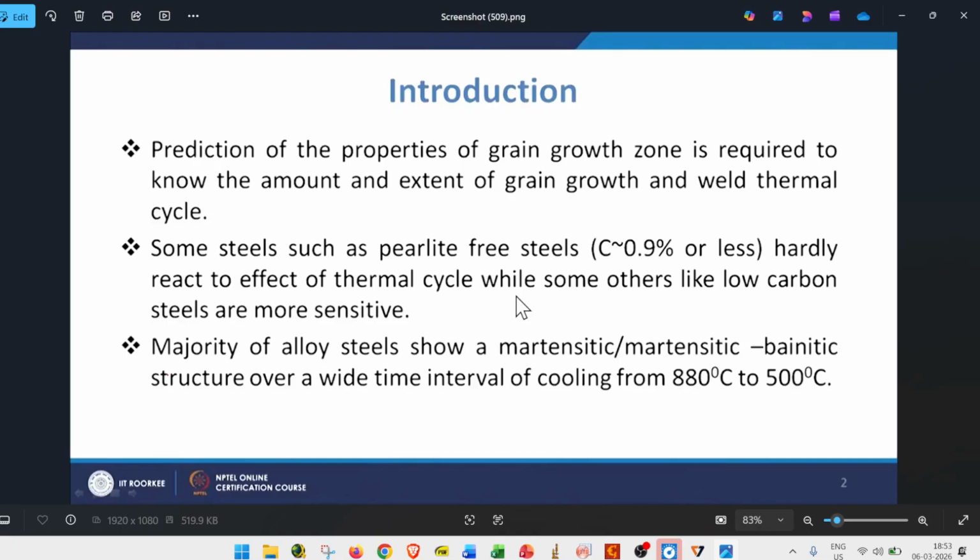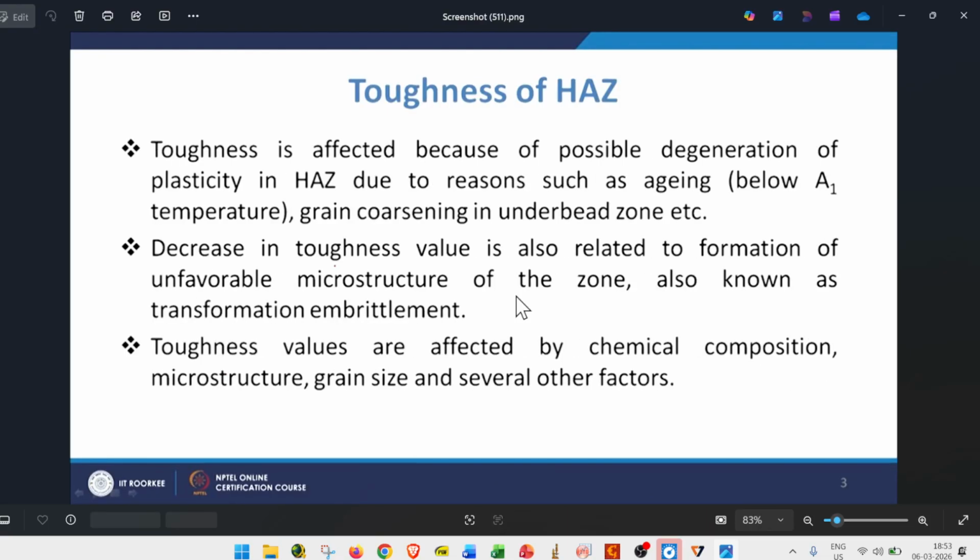The majority of the alloy steels show martensitic and bainitic structures over the wide temperature interval of cooling from 880 degrees centigrade to 500 degrees centigrade. The toughness is affected because of the possible degradation of the plasticity in the HAZ due to reasons such as aging and grain coarsening in the underbed zone.